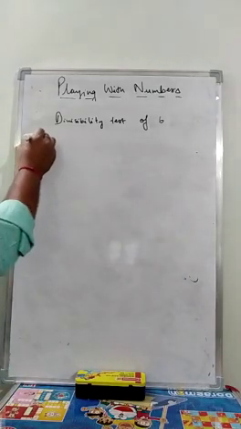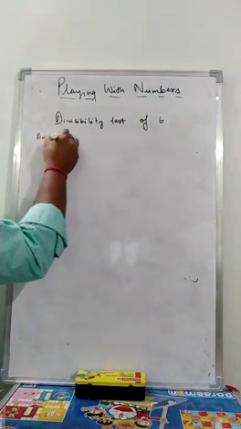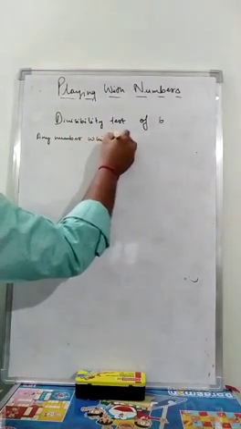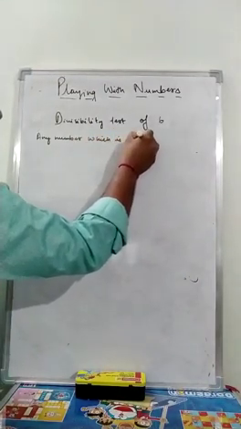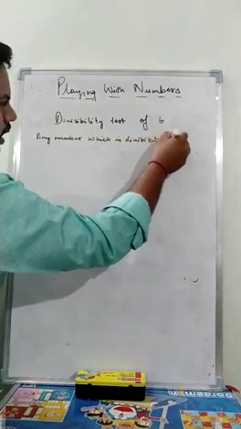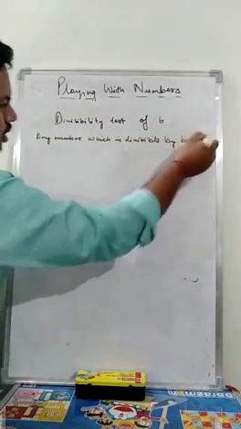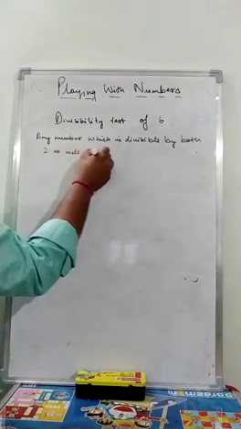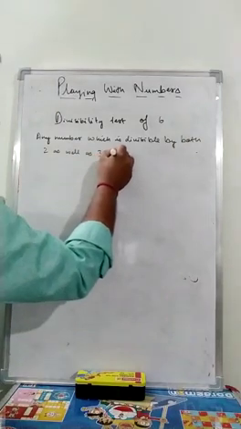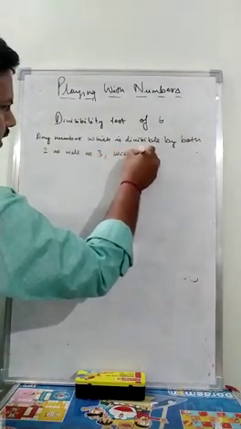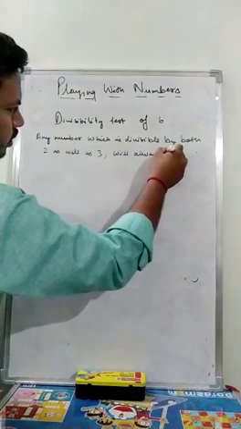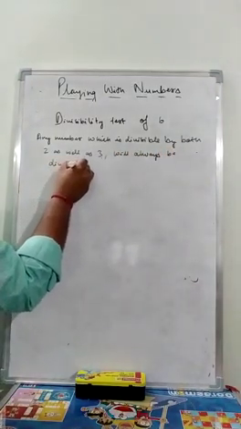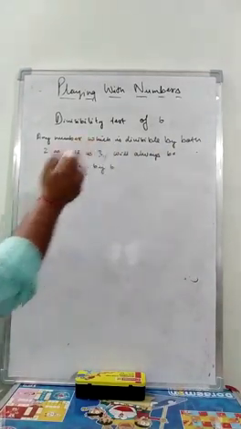So any number which is divisible by both 2 as well as 3 will always be divisible by 6.